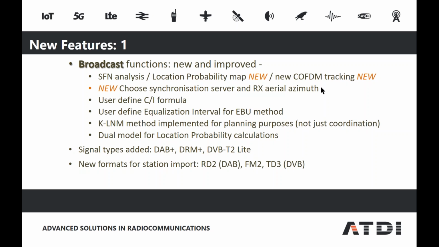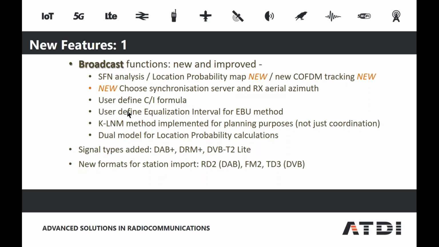Far too complex for me. I last looked at DAB when it was being introduced about 25-30 years ago, and apart from listening to it, I don't do any DAB planning, so a lot of this stuff is out of my comfort zone. But you can now, for instance, define a C2I formula, and there's a little dialog box that will pop up and allow you to define that.